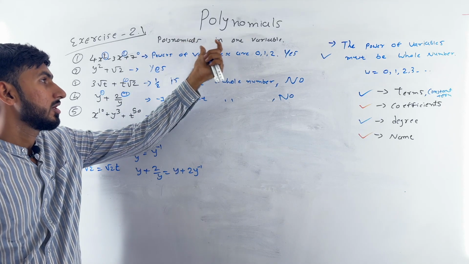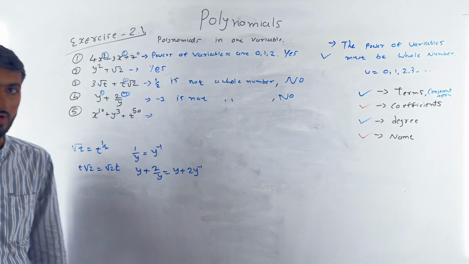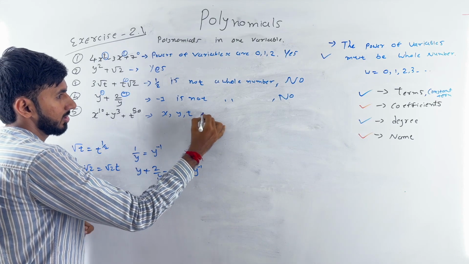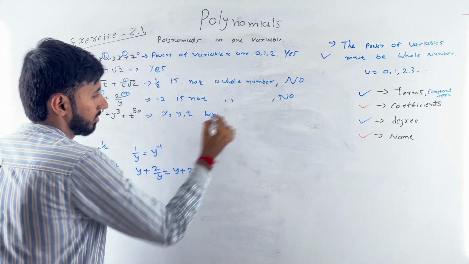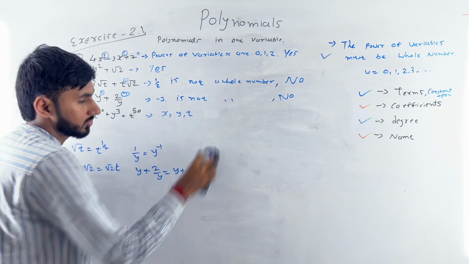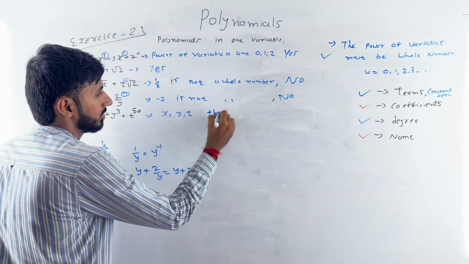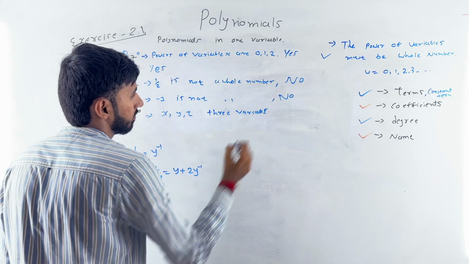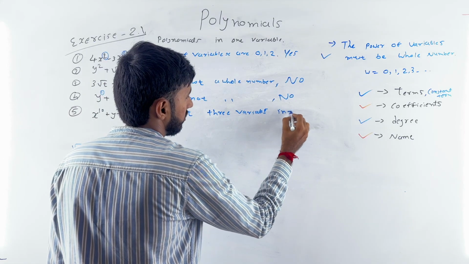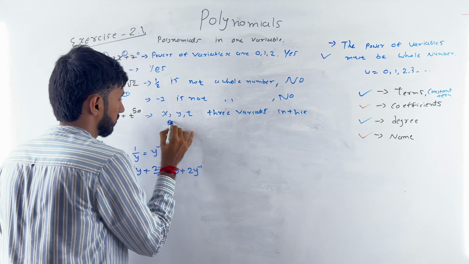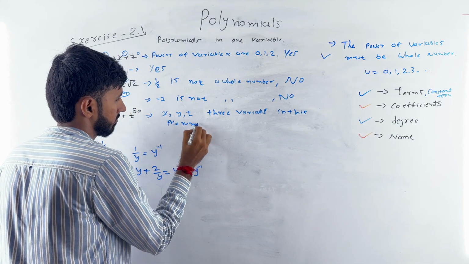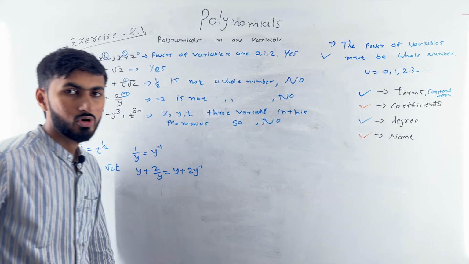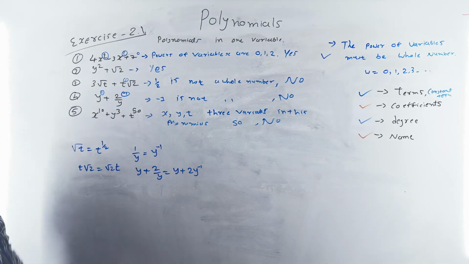So my answer will be no, it is not a polynomial in one variable because it has three variables, x, y and t.